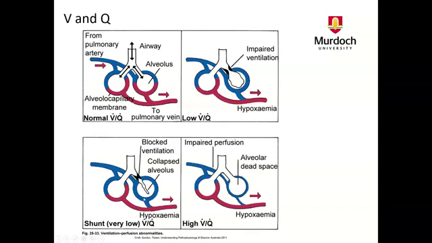In the very worst case scenario, when the alveolus is completely blocked and we have many, many alveoli that are blocked, we basically just circulate the blood around the lungs or one lung area, and it never gets oxygenated. And that's what we call a shunt.